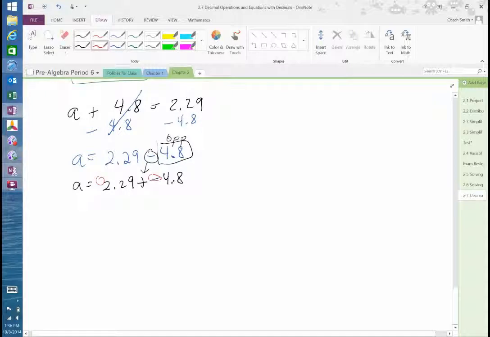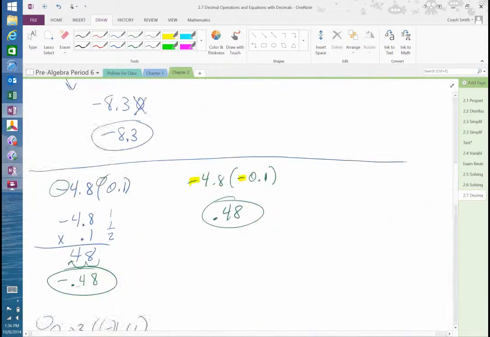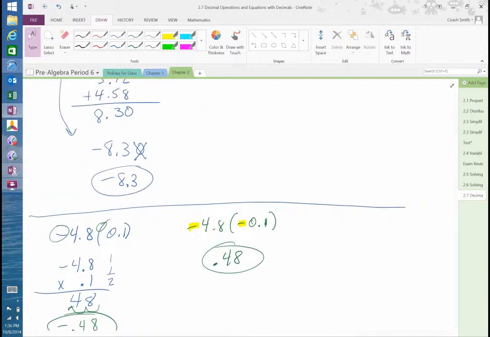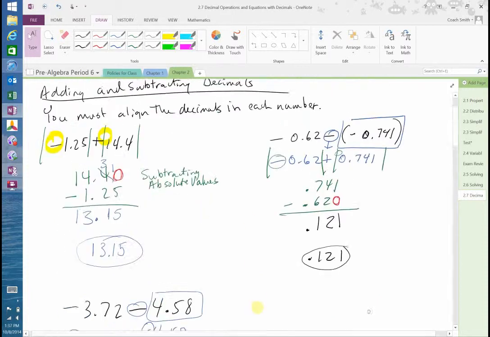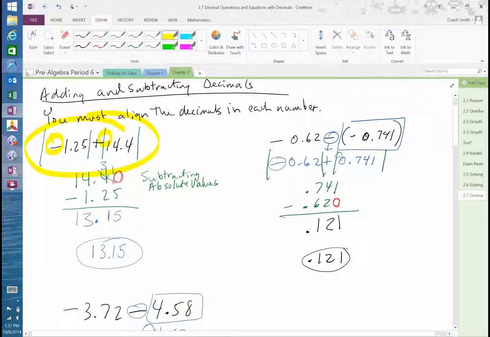We just had one similar to that right there. Another one right here. So we did the absolute value.